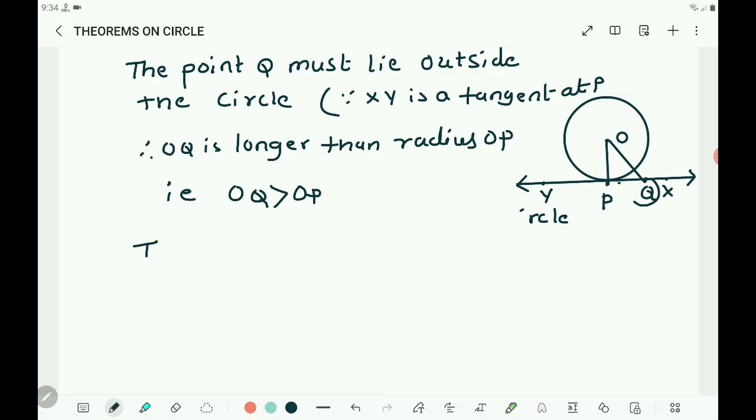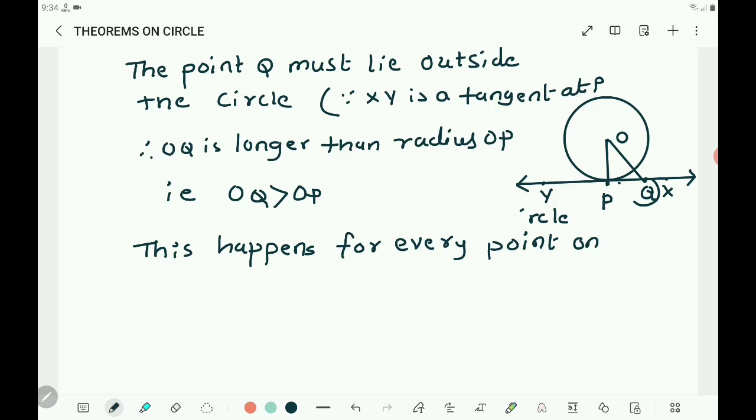This happens for every point on XY other than P. Here P is a point on the circle and OP is a radius, and Q is outside the circle, therefore OQ is greater than OP.